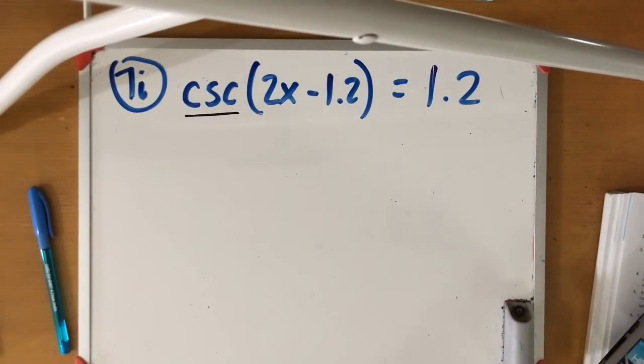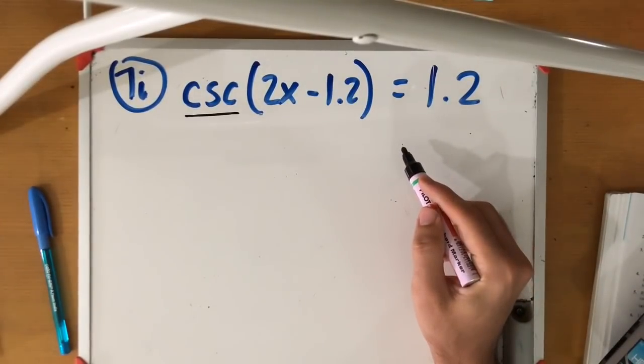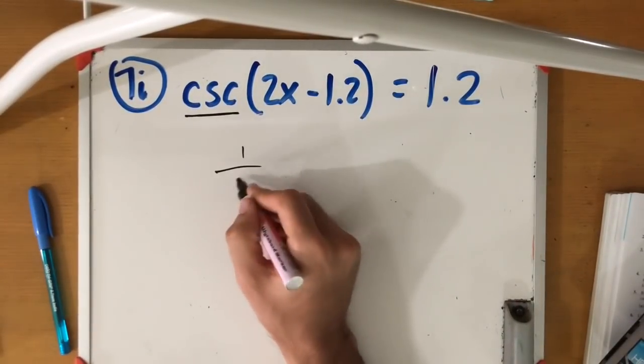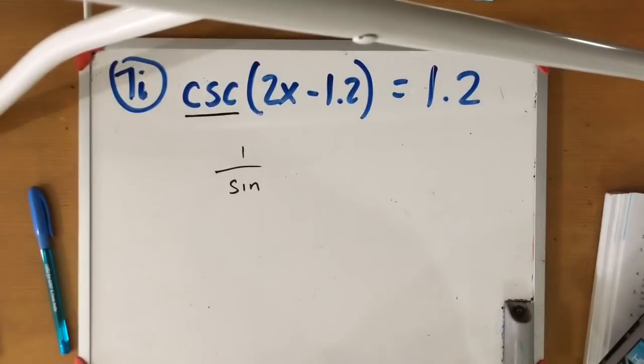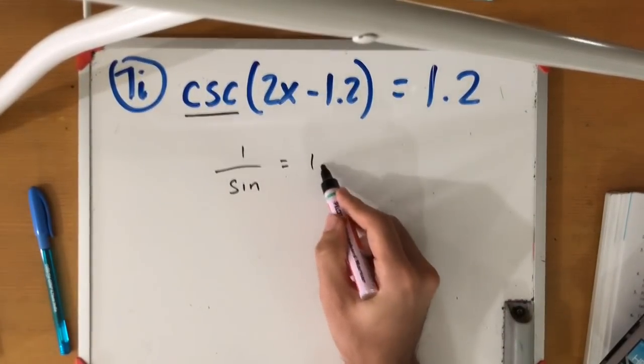7i tells us cosecant of 2x minus 1.2 is equal to 1.2 radians. Okay, so remember what cosecant means. Cosecant means 1 over sine. If cosecant means 1 over sine, then 1 over sine is equal to 1.2.